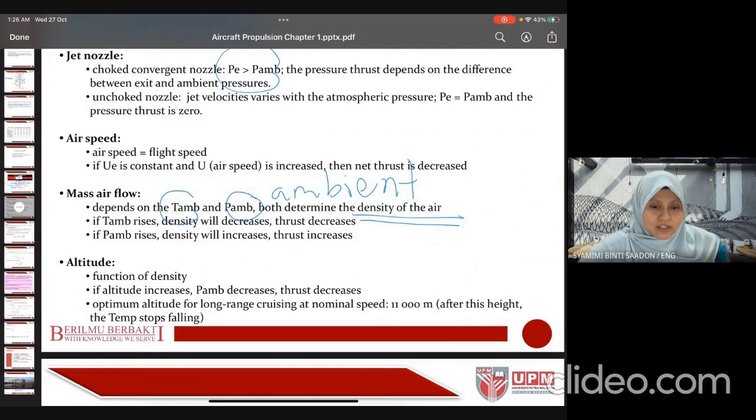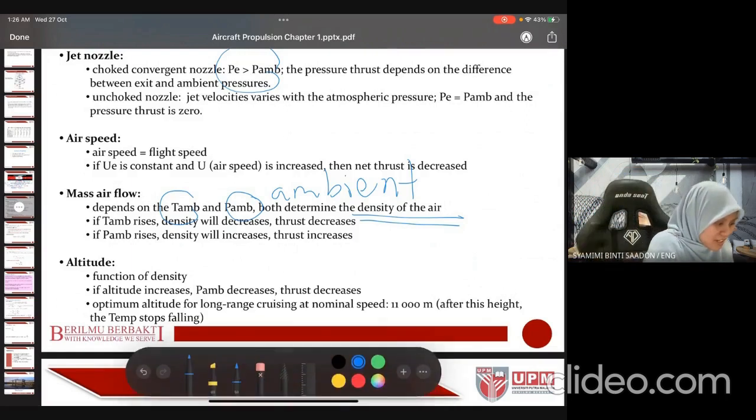So whether we are at a higher altitude or lower altitude, at higher altitude, of course, the density decreases and normally the temperature changes. Imagine that we have water and gas.